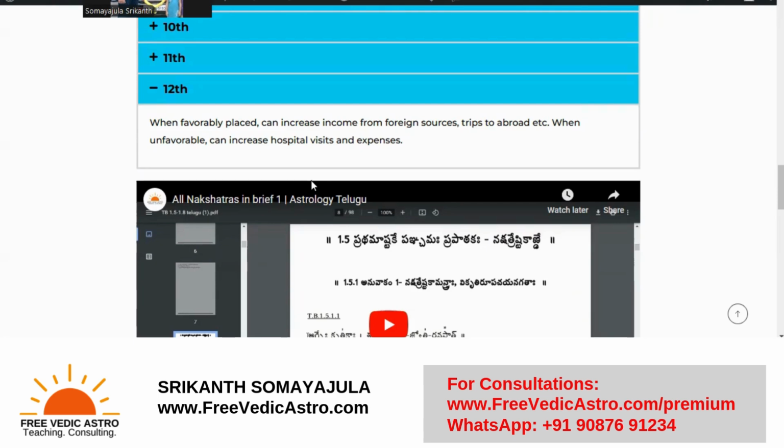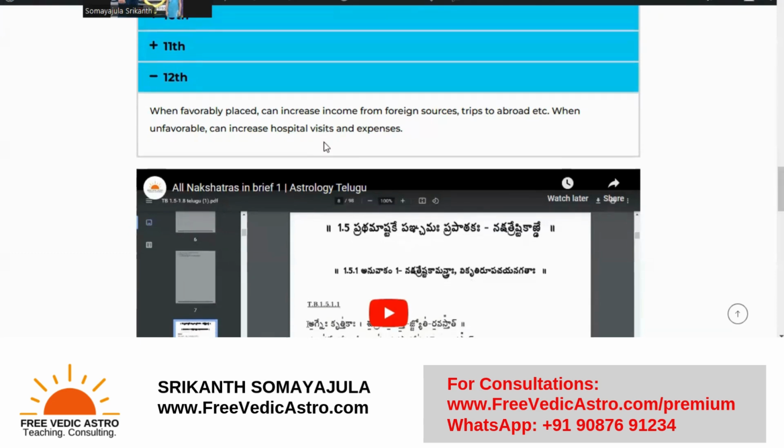It also rules very good significations. Don't think the 12th house is only losses, because it is ruled by Jupiter, and no planet other than Jupiter can be as benefic as Jupiter. So never have a locked up mind.